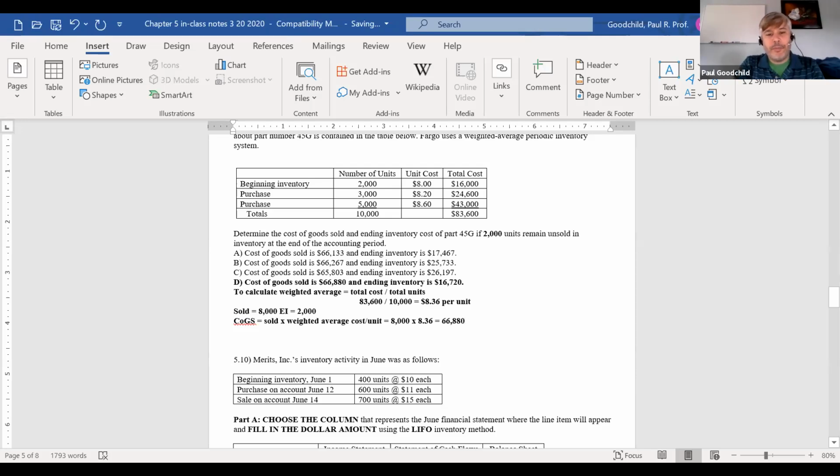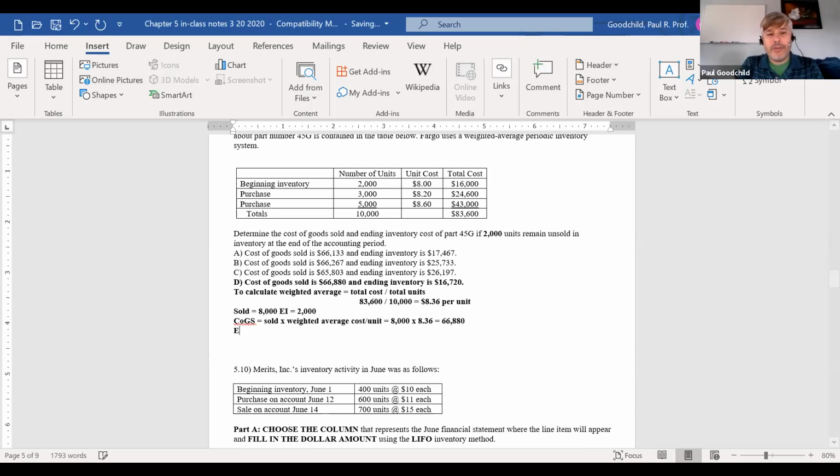And then your ending inventory, you could do the same way. You could either subtract it or you could take the units and multiply it by the weighted average cost per unit. And so you get 2,000 times 8.36. So that would be 16,720.